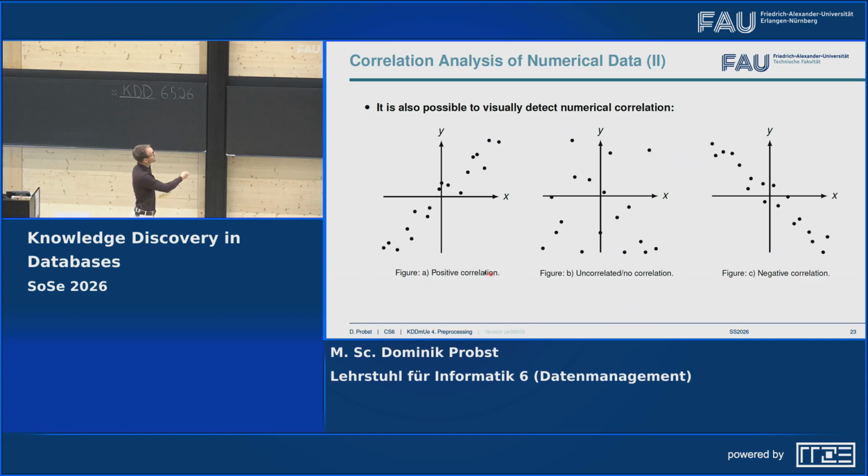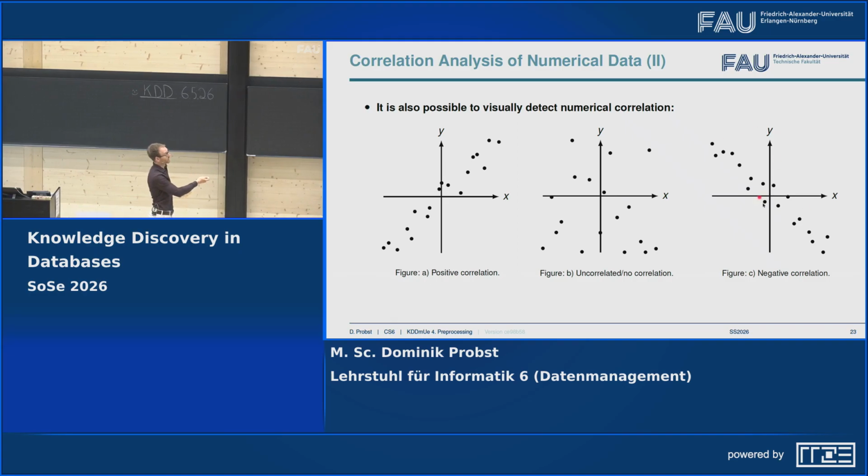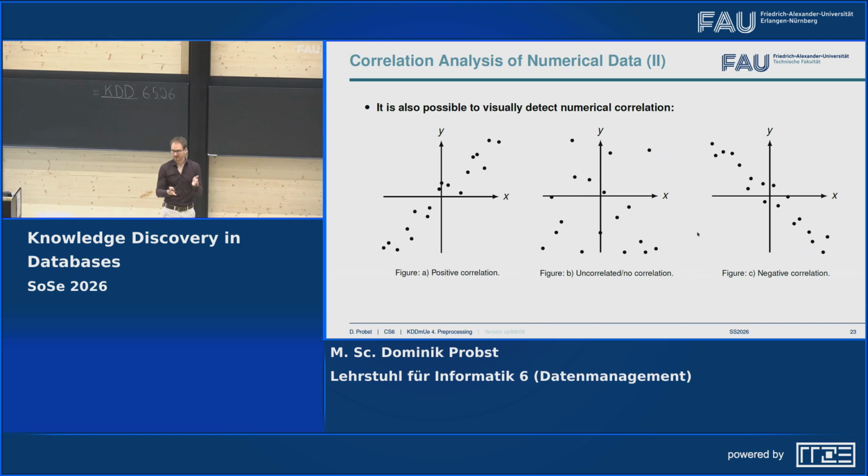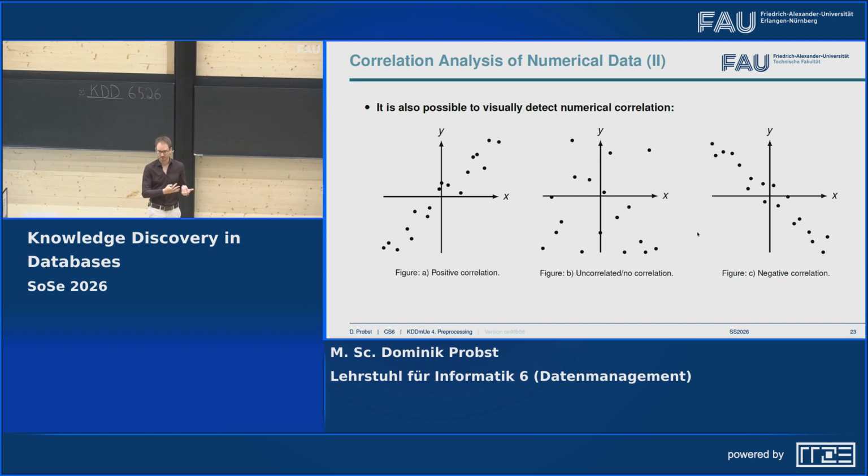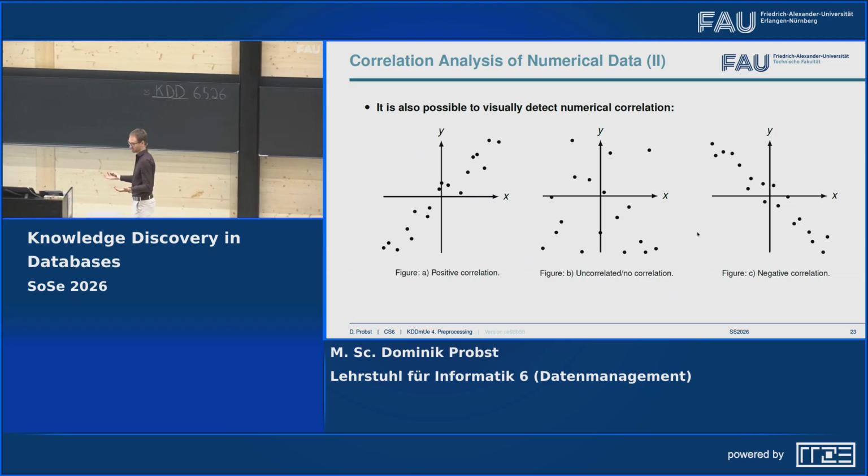This isn't a -1 Pearson product moment coefficient. And this likely isn't a 0 Pearson product moment coefficient. But it tends to be correlated. It tends to be not correlated. And that's something we can also detect visually.